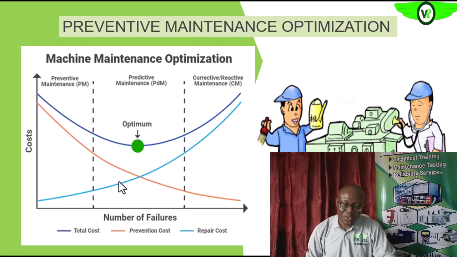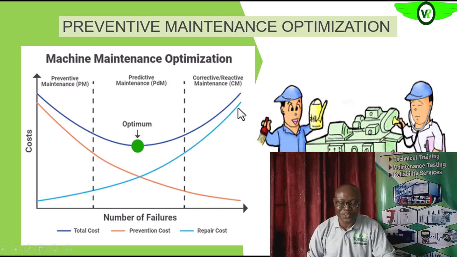So at this level, the total cost is high because of the high maintenance cost. Then when you go beyond this point, the total cost is also high because of the high repair cost, because you have reduced your maintenance cost to as low as possible, and that can result in a failure that will cost you much more.